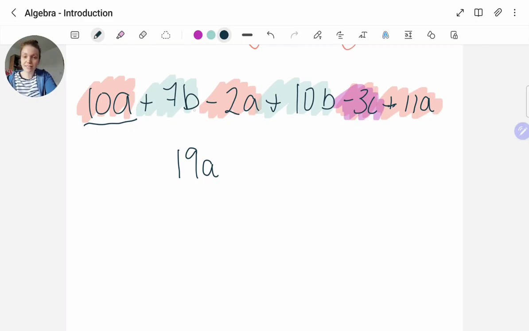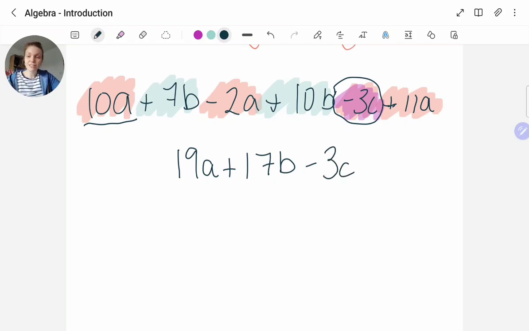Then we have plus 7b plus 10b is going to be 17b. Okay, and then the last term is our minus 3c. So we grouped all the a's together, all the b's together, and there were no more c's, just one. So we were able to put in our minus 3c.